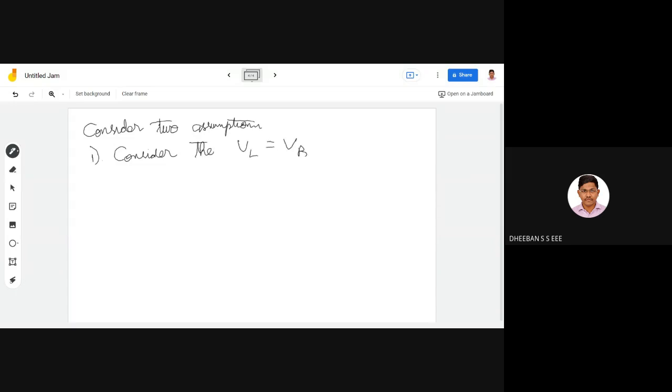That is, your line voltage is the same as your base voltage. Then your SCC, in most cases, will be equal to V_K, so these two become equal and get cancelled out. So S_B by X_KK. And the second condition is to consider the pre-fault voltage.